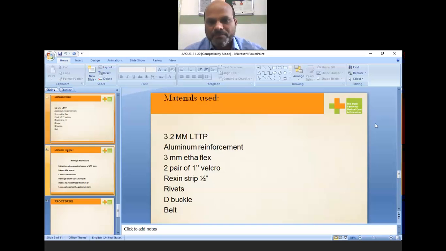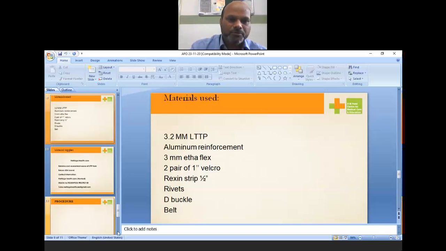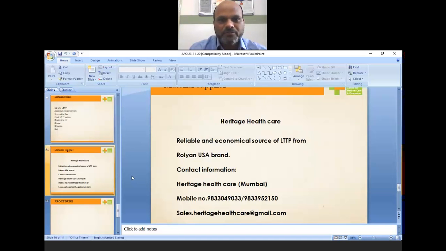Resin strip we can use for the bordering purpose or for the edges; a half inch resin strip is sufficient for this purpose. Rivets we can use for fixing the velcro, okay, and D-buckles also. And belt we can use for giving a proper positioning of the ankle joint.